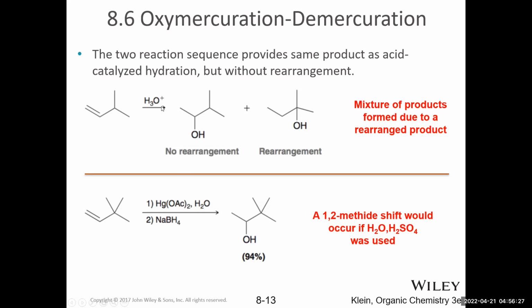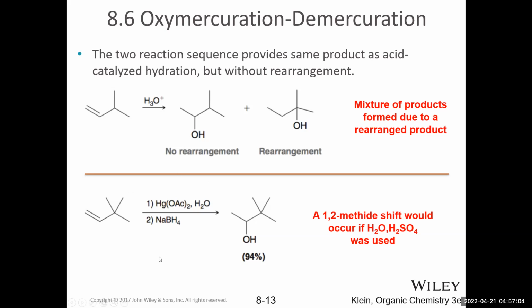Remember that these two reactions, acid catalyzed hydration and oxymercuration-demercuration, do a very similar reaction. Overall, they are doing Markovnikov hydration. However, the difference is that acid catalyzed hydration, with some substrates where rearrangement is possible, will often lead to a mixture of products that occur from the reaction either going through rearrangement or the nucleophile attacking prior to rearrangement.